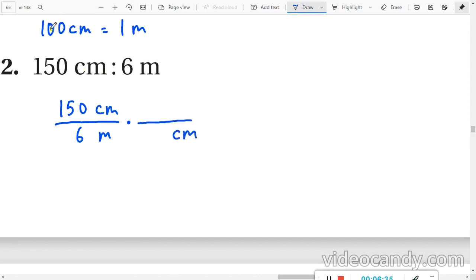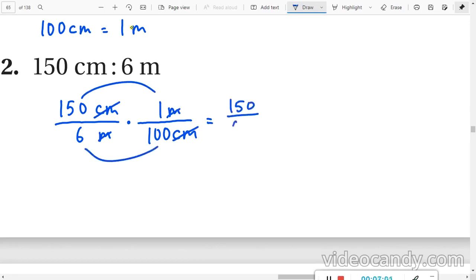So 100 centimeters equals 1 meter. I'll put 100 centimeters on the bottom and 1 meter on the top. All right, and now centimeters and centimeters cancel. Meters divided by meters cancel. 150 times 1 is 150. 6 times 100 is 600.